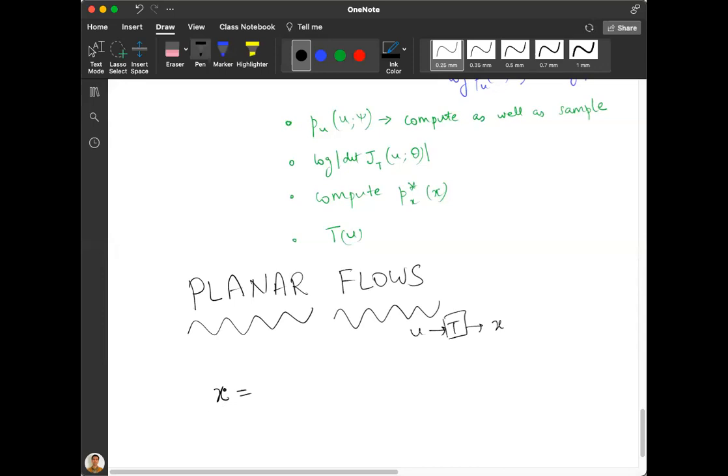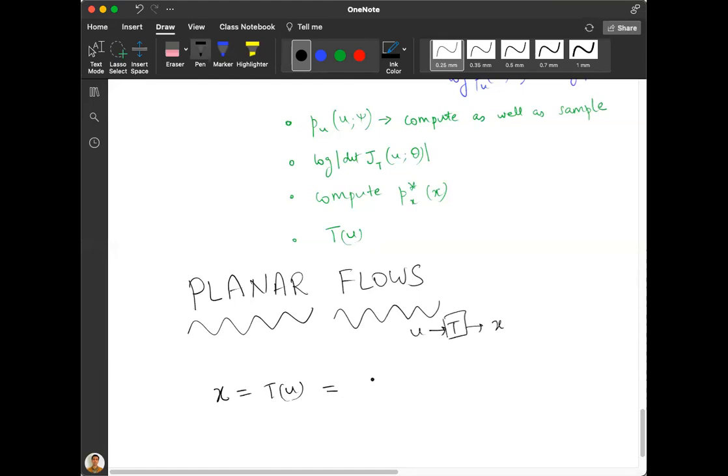I'm writing X and U in a simple way, but actually they are vectors. Just to save some time, I wrote it this way. So X is equal to T(U), which is known to you.